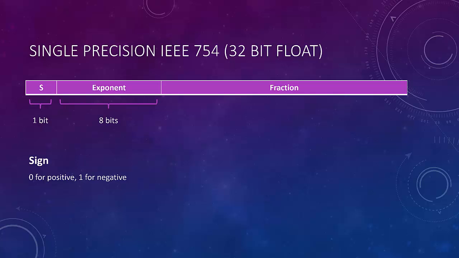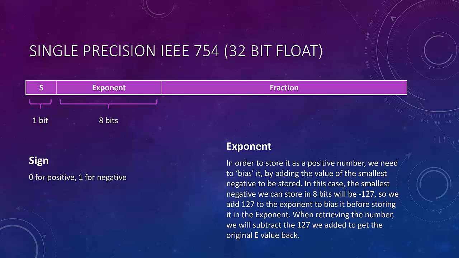The exponent. So in single precision, you've got 8 bits to store the exponent. This is the part where you have the 2 to the power of -3. It's that 2 to the power of -3 that you've got. That's what that exponent is. And the way that we need to store it, because we need to deal with positive and negative exponents, we have to bias it because we need to store this as a positive number.